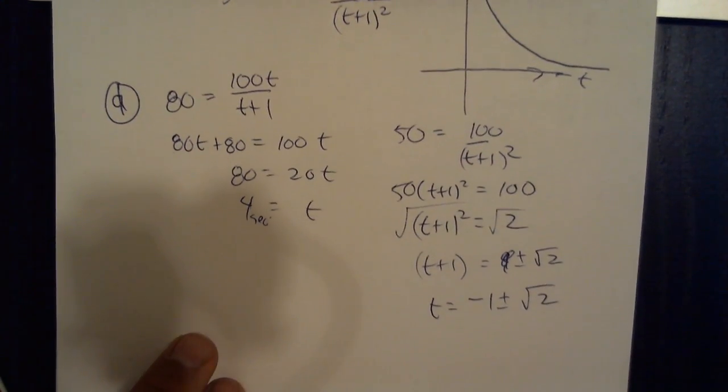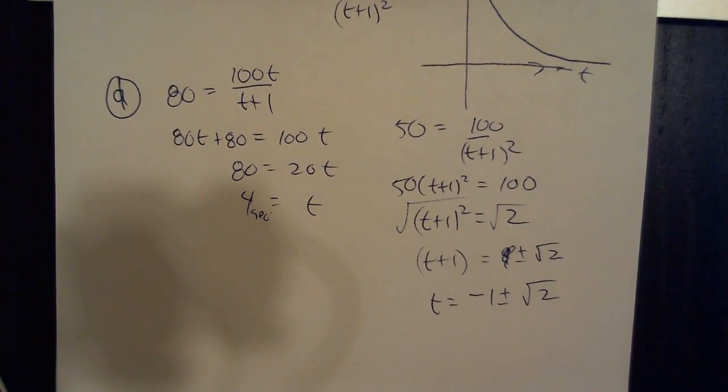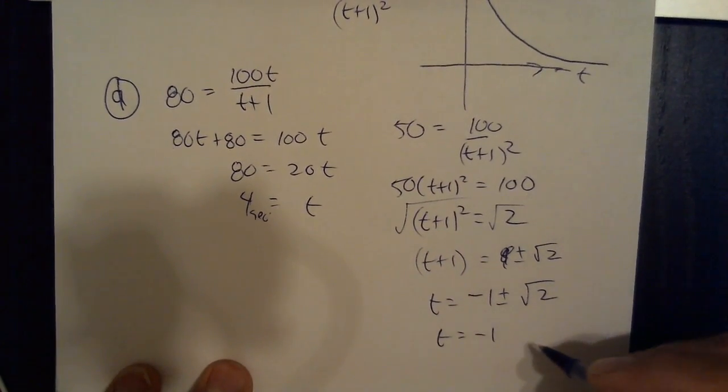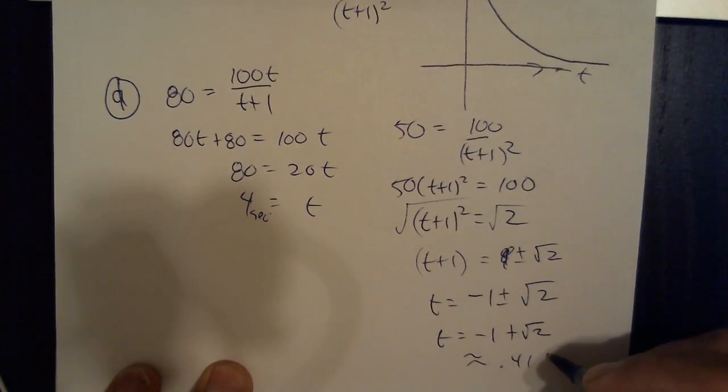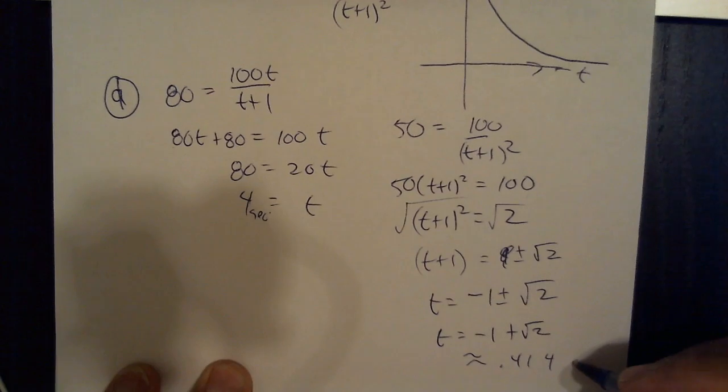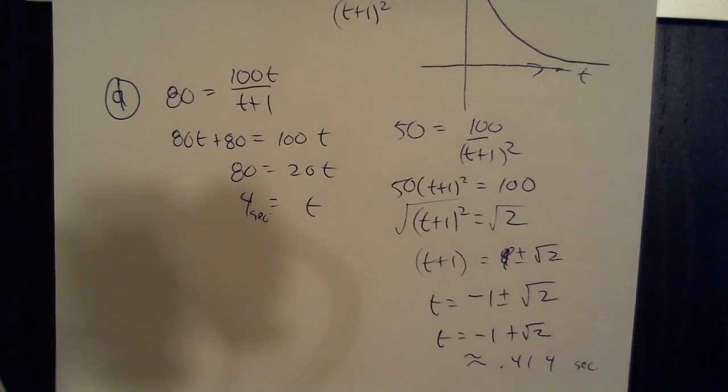Here, I have to make sure I don't need both of those. In fact, we're just going to need the positive one, which is approximately 0.4 seconds. So after that many seconds, 4/10 of a second, the velocity would reach 50 meters per second.